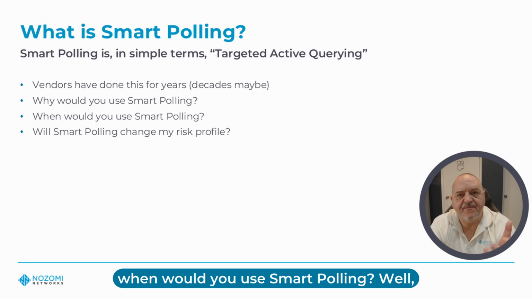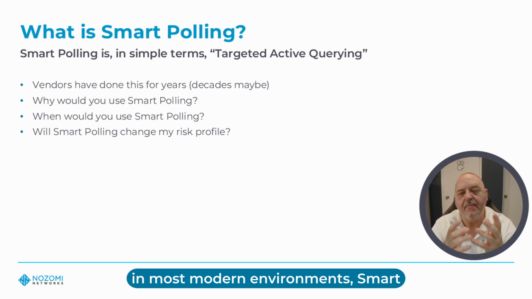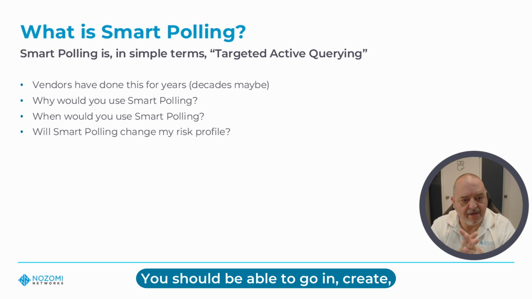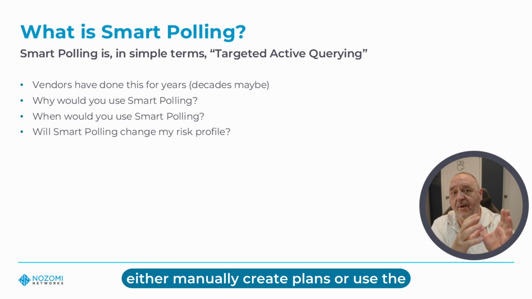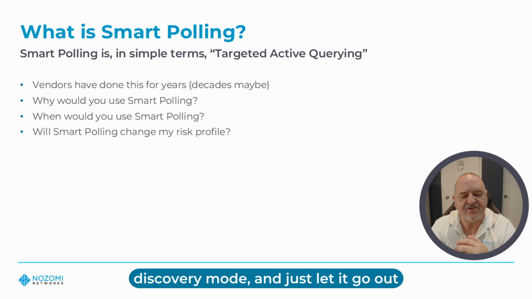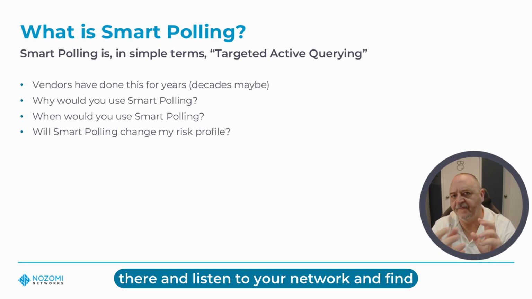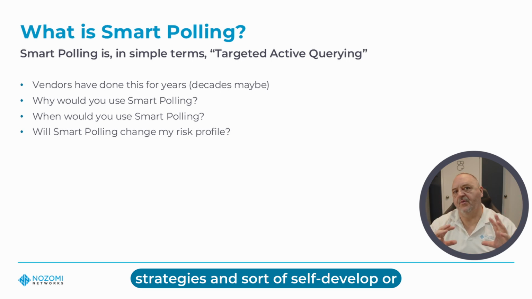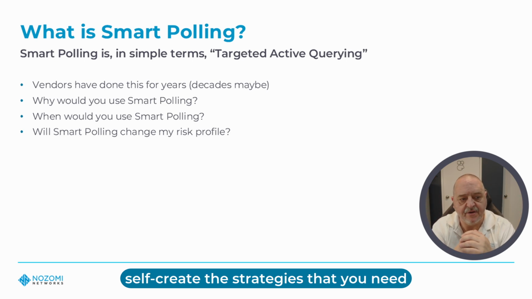So when would you use smart polling? Well, in most modern environments, smart polling will be fine right from day one. You should be able to go in, either manually create plans or use smart polling's progressive mode, discovery mode, and just let it go out there and listen to your network, find out what's going on, and self-create the strategies that you need in your environment.